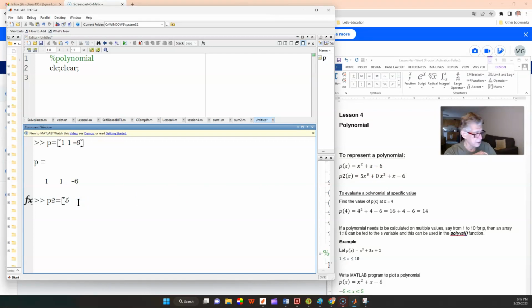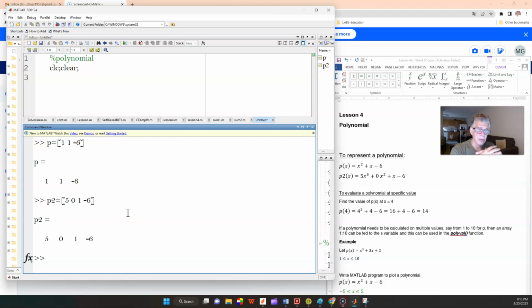Write 5 and then 0, that's the coefficient of x squared, then 1, which is the coefficient of x, and then the constant term -6, and leave a space between each term. So that would be the representation for polynomial P2.